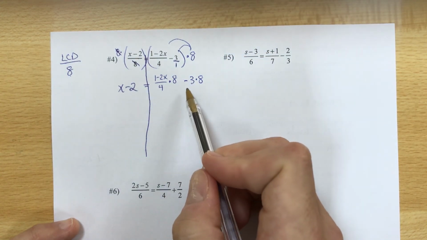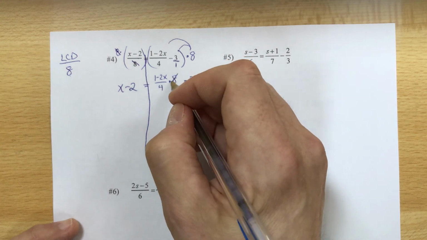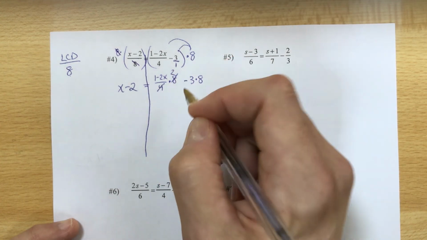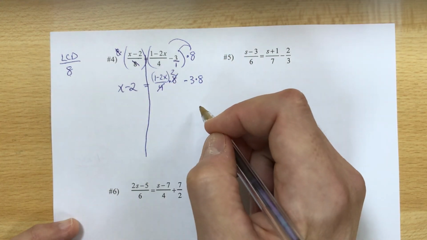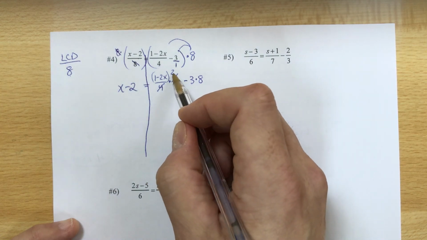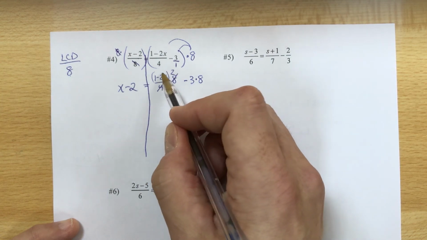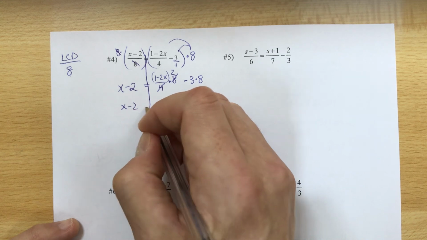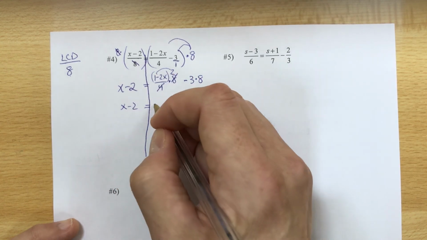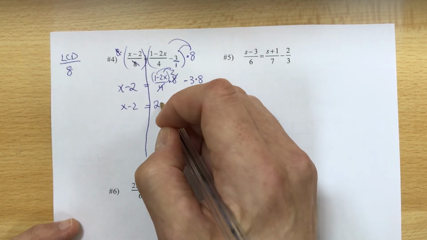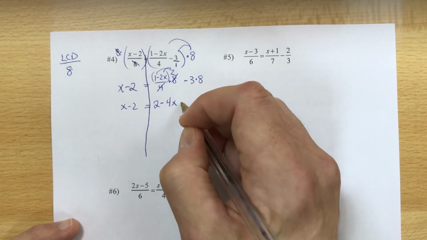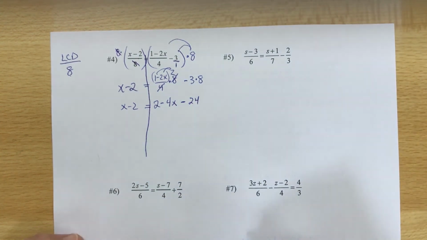I'm showing my distributive here. 8 divided by 4, that's 2. So what's going to happen here is this 2 will still distribute. So we get x minus 2 equals, that becomes 2 minus 4x, and then this is minus 24.